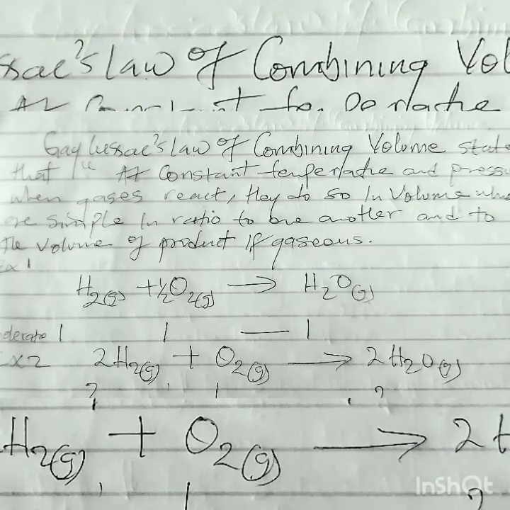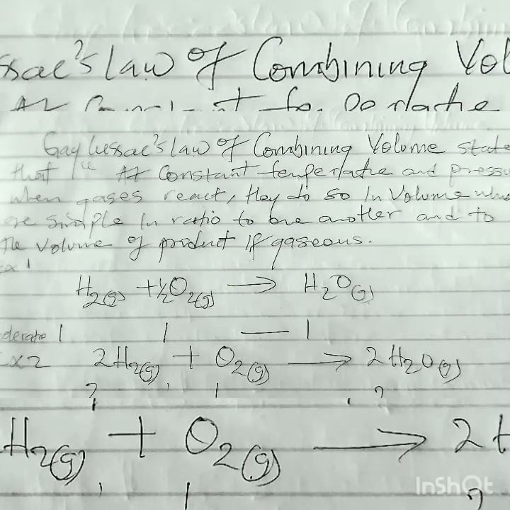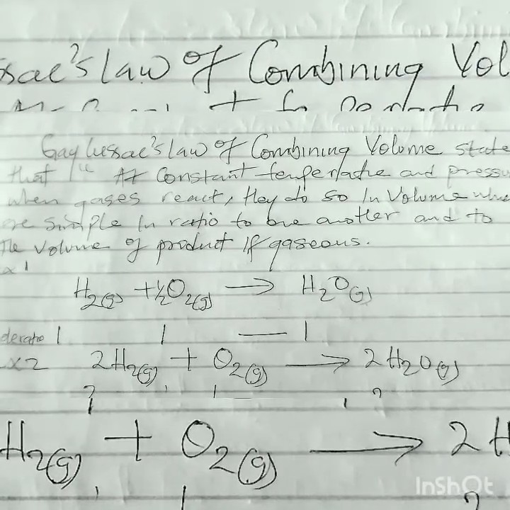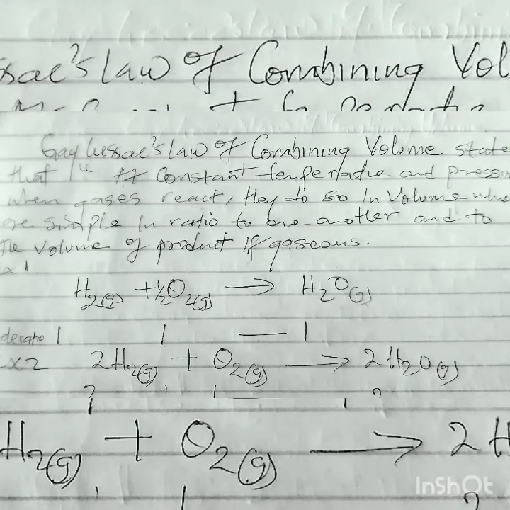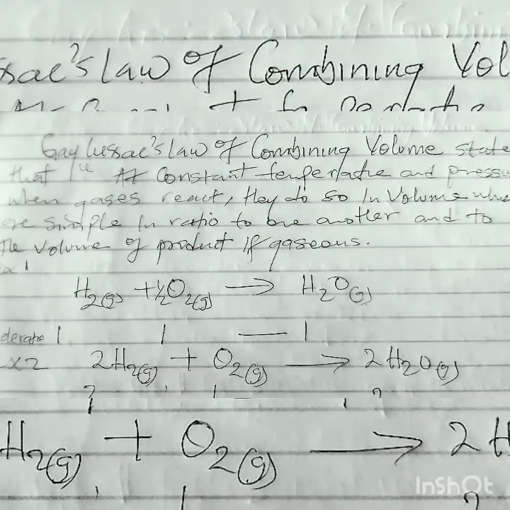I recap: at constant temperature and pressure, when gases react, they do so in volumes which are in simple ratio to one another and to the volume of the product if gaseous. This is possible only if the temperature and pressure are kept constant. That is when the volume of a gas is equivalent to their ratio, which is a very simple ratio.